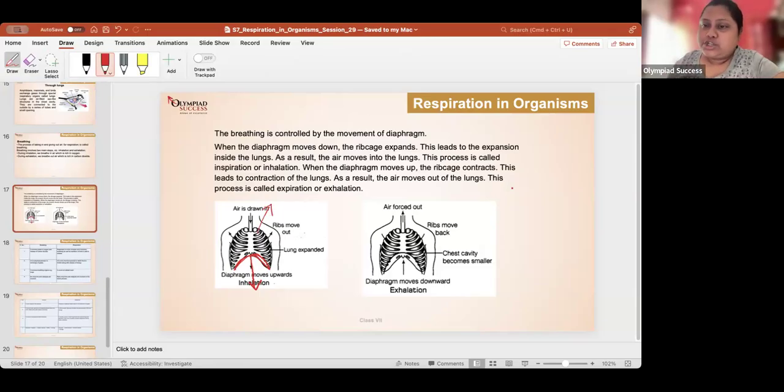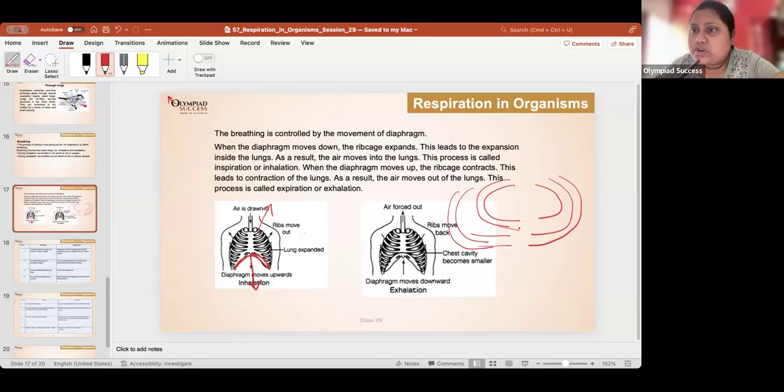Now suppose this is a chamber like this. What happens to the chamber? The chamber's volume will increase or decrease? You're making the area big, right? You're lifting the ribs up, pulling the diaphragm down.